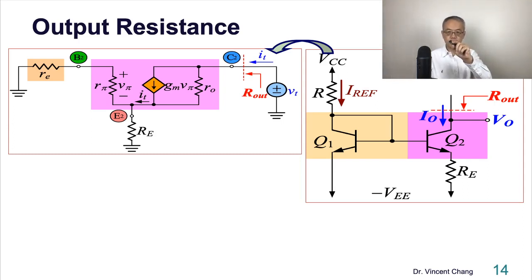RE is small compared with R pi, especially since the DC bias current is different. If the bias current is the same, usually R pi and RE differ by maybe 100 times, but in this condition you can still neglect RE. RE is going to be very small compared with R pi.